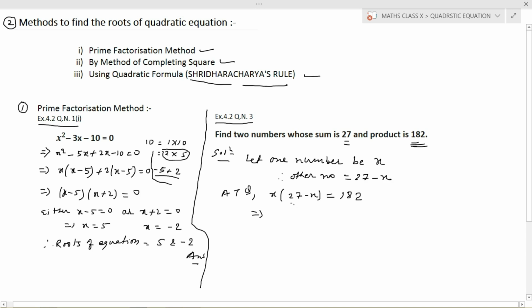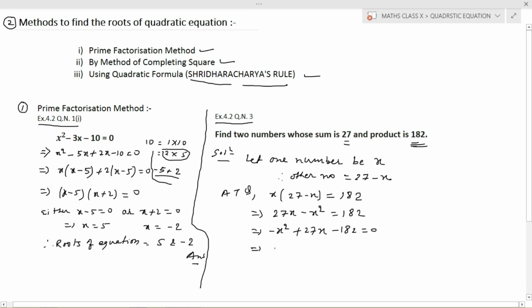First of all you have to remove the bracket. You will get 27x minus x square equal to 182, and if we take 182 to the left side, it becomes minus x square plus 27x minus 182 equal to 0. Here is a negative sign, so to make it positive multiply both sides by minus.